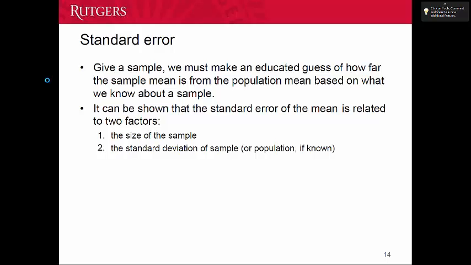The standard deviation of the sample. Remember that the standard deviation is how much variation there is in the values in a sample. So if the values in the sample are very diverse, it is probable that they are also very diverse in the whole population.